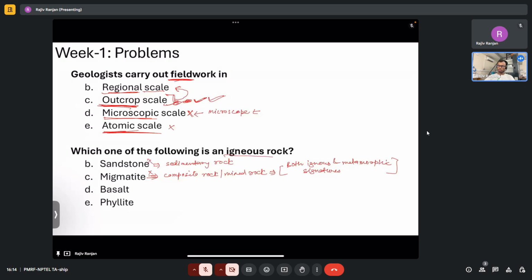What we are looking for is an igneous rock. So basalt, we know that it is an igneous rock, and it is a plutonic igneous rock. And what is its complementary? Sorry, it's a volcanic rock.